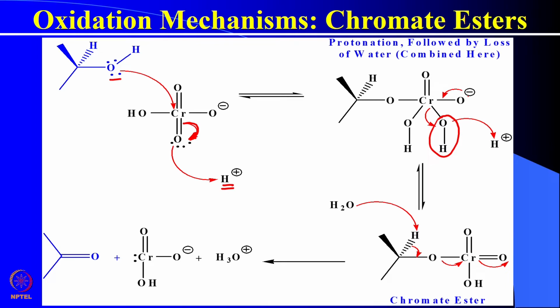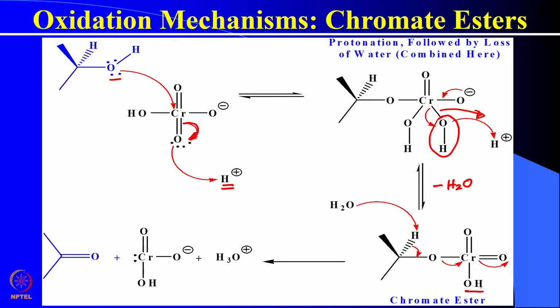This compound then further rearranges by the formation of a fresh carbon oxygen double bond and elimination of this OH as a water molecule, and this forms the compound which is called the chromate ester.